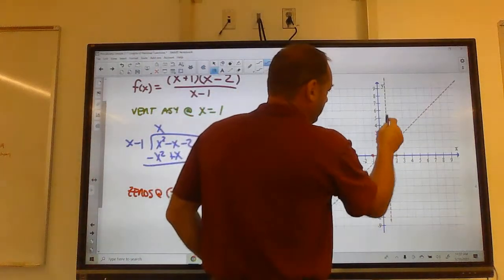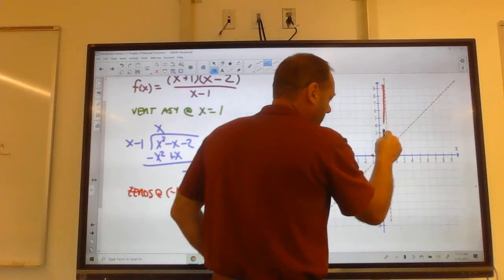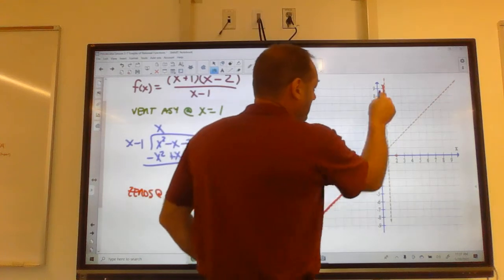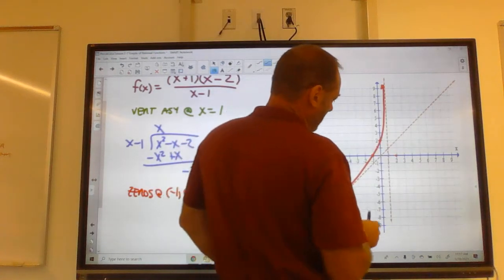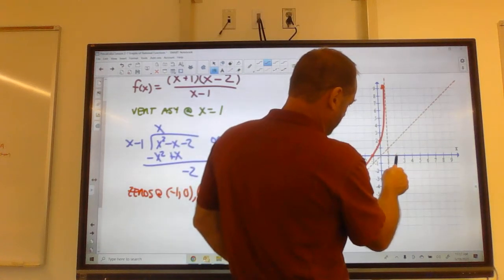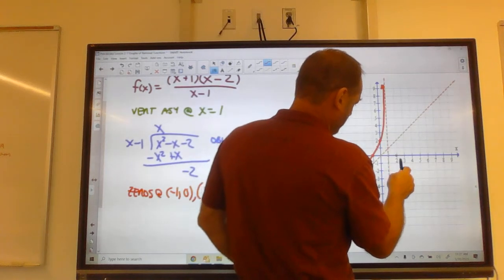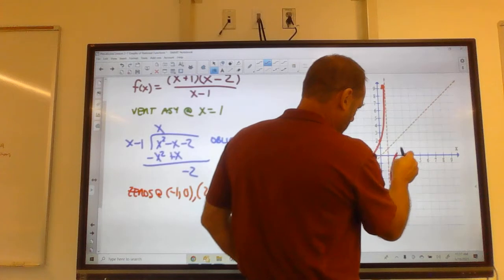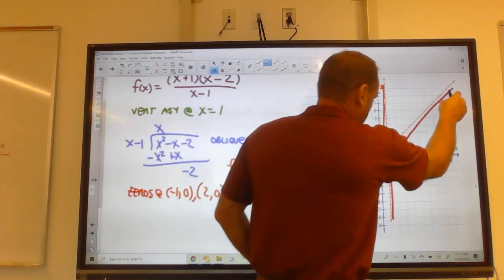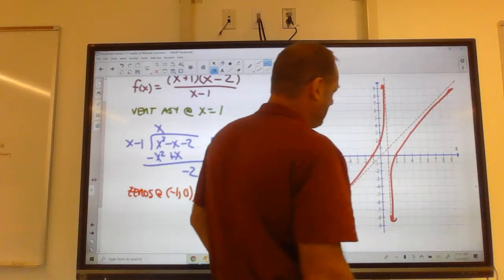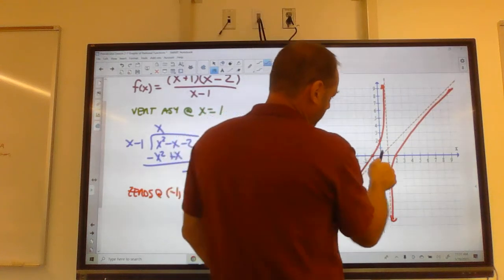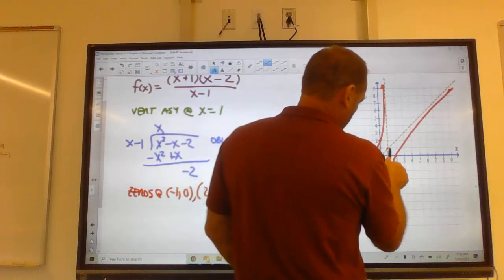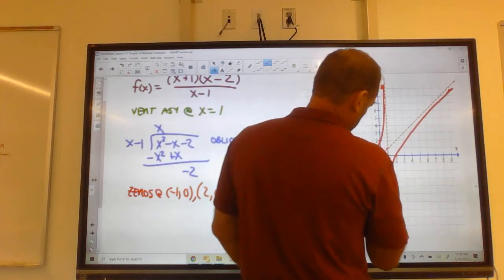Okay, it's got to go through these 2 points. It's going to do this. Now, I've got this here. This is going to go like this. And if I wanted to go from here, I go to the left one and up one. So if I go to the right, nope, I can't do that here.